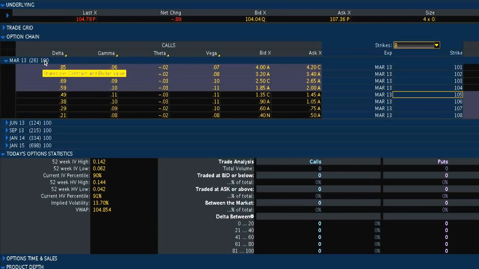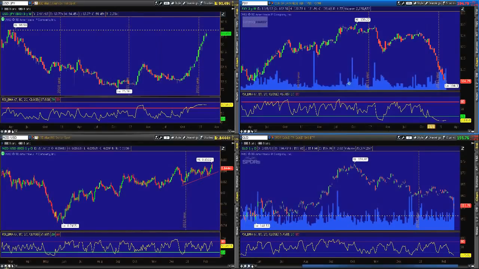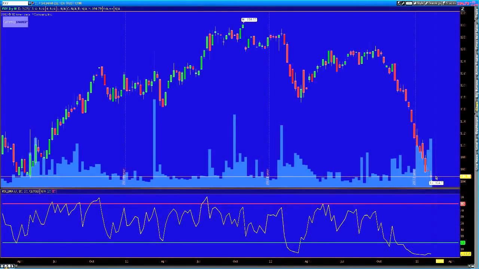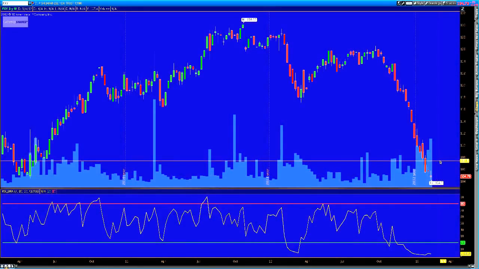Now I'm buying 100 shares at roughly $1.45 a share. So it costs me about $145 to buy one of these. And if the market rallies as we think it's going to on this currency pair, and we get a very swift pop out of this zone, which is what we would expect over the next couple of days, a reversal here and a pop out of this market, we get a rally from say 105s to 107s or 108s.